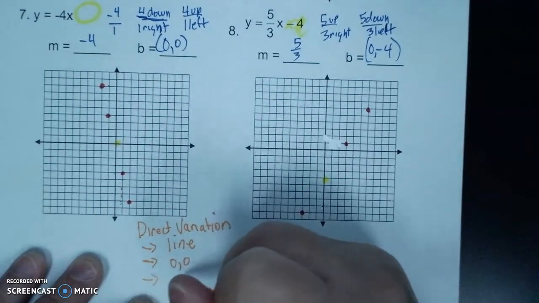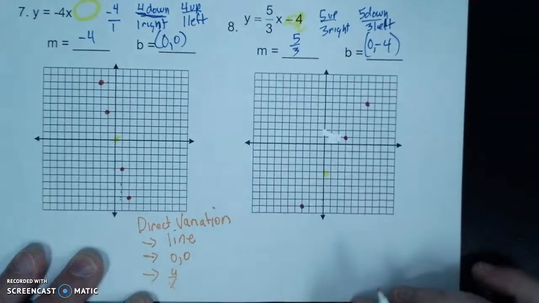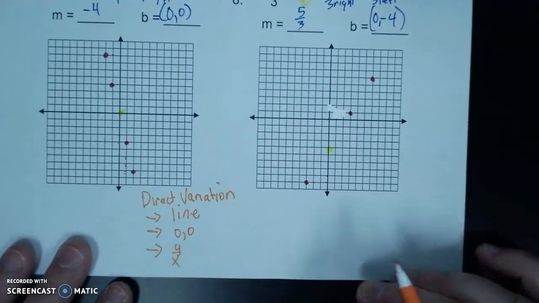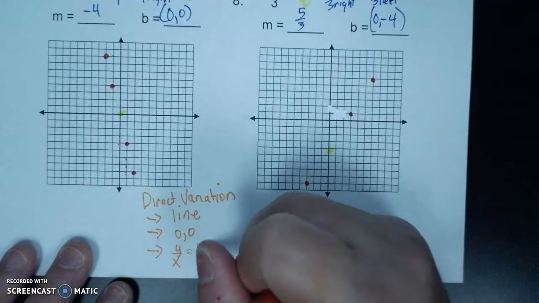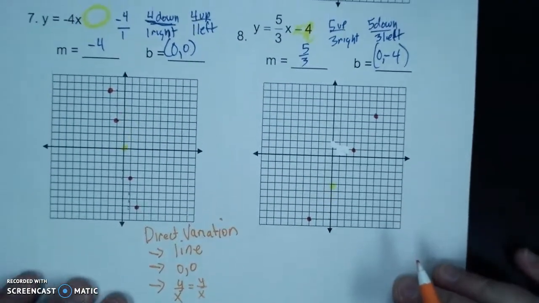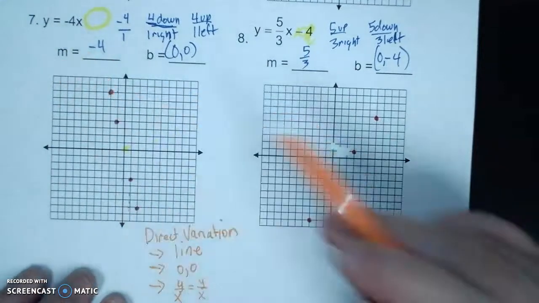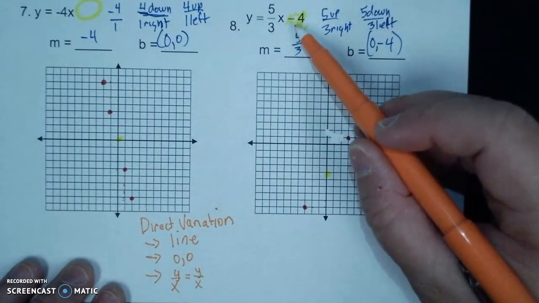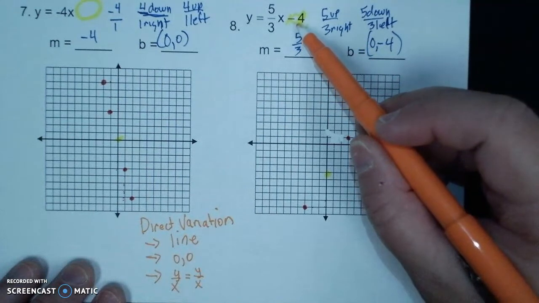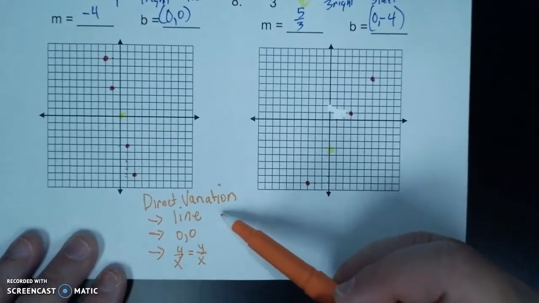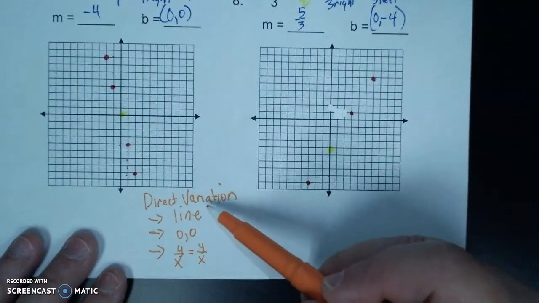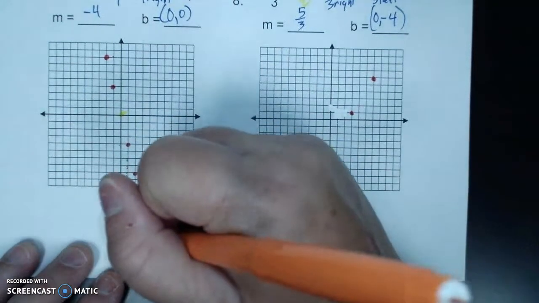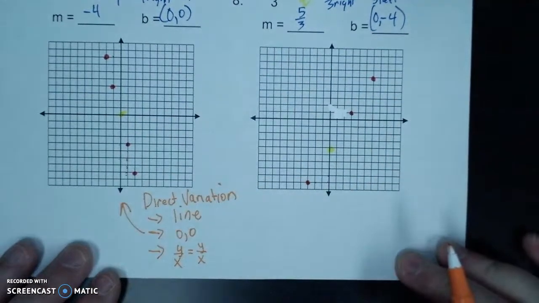And the third is y over x is constant the entire time. All your y over x's are equal, and that's actually the definition of slope. This one is not a direct variation because it has a y-intercept of -4. In order for it to be a direct variation, it needs to have all 3 of these. So that one is a direct variation.